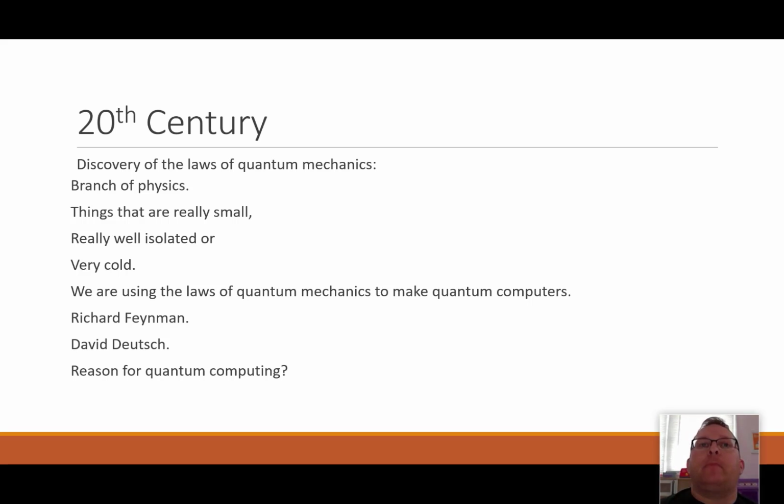Now, for that time, that was very progressive. At the time of Feynman's proposal, the techniques for manipulating individual atoms or even particles had not yet been developed, so practical quantum computers could not be built. However, during the 1990s, considerable progress was made.